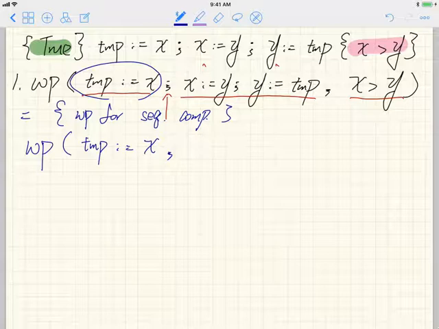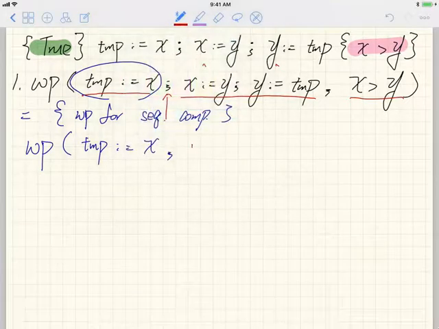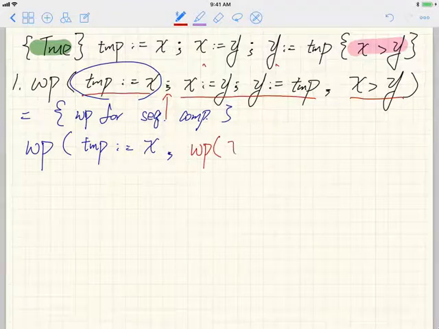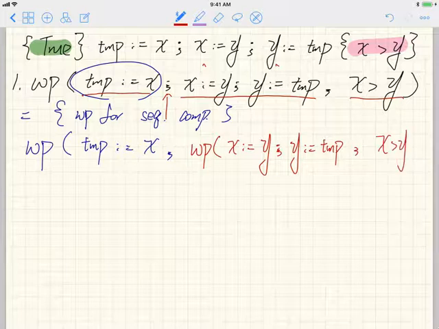Exactly, for the rest to establish the R, right? That's exactly right. Let me use a different color here. So that would be WP over here for x is assigned to y, followed by y is assigned to temp, for that one to establish x is larger than y.